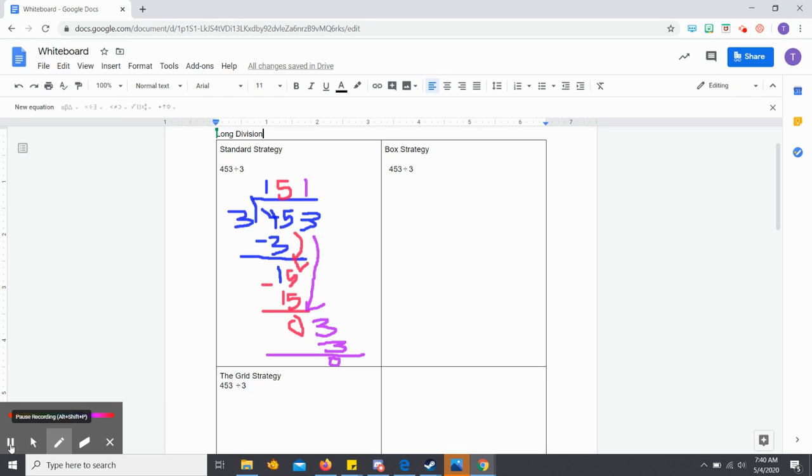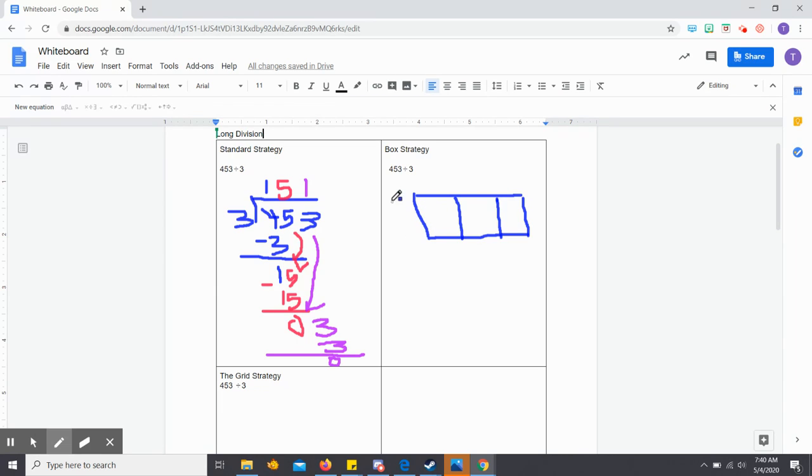The next strategy that I'm going to show you is called the box strategy. Sometimes it's referred to as the area method, kind of like we did with multiplication. But we're going to start with the box. Now this has 3 digits, so my box is also going to have 3 spaces so that I can do my math in.